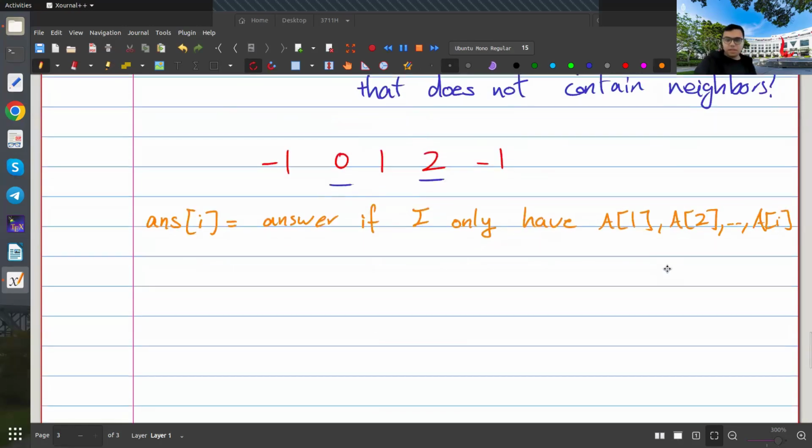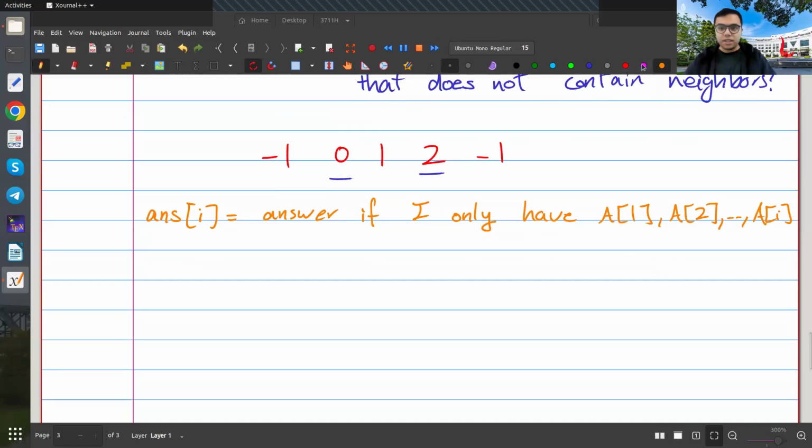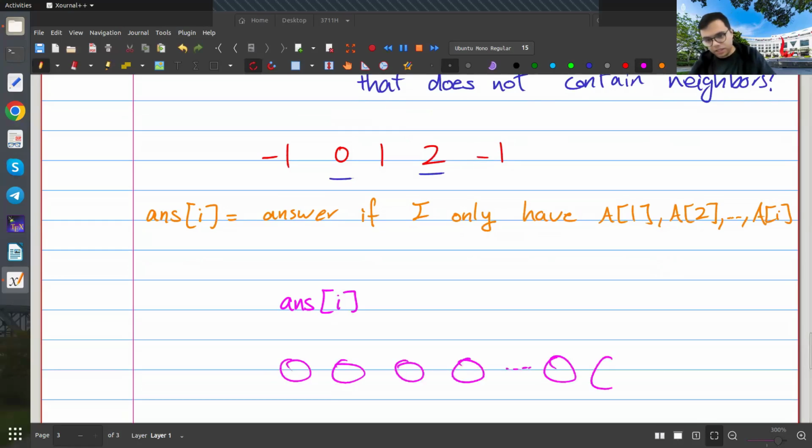Okay. Now, here's the thing. Suppose I want to calculate ans I. Means that I have all of my elements and I have them until index I. So I can just do a casework. I either take the element at index I or I don't, right? So this is very similar to knapsack.